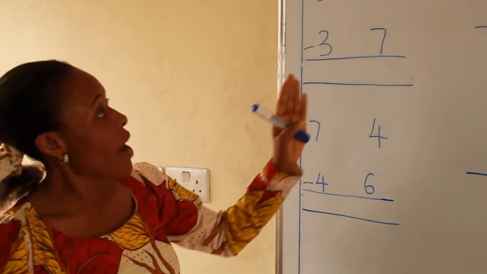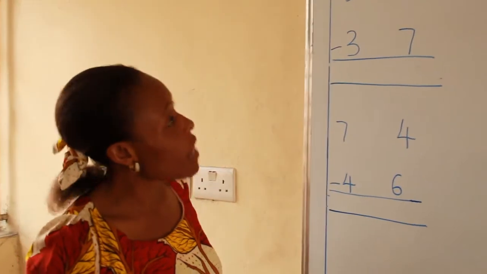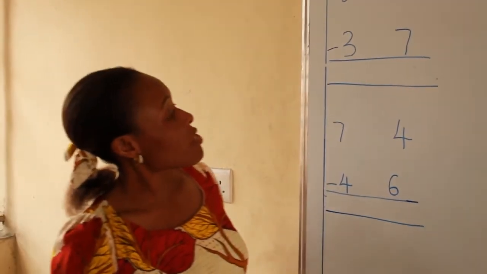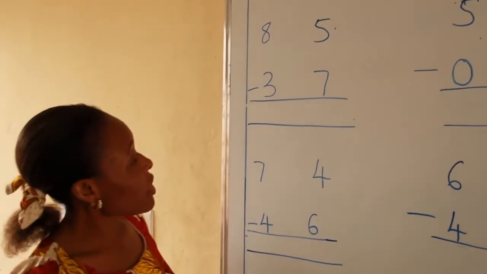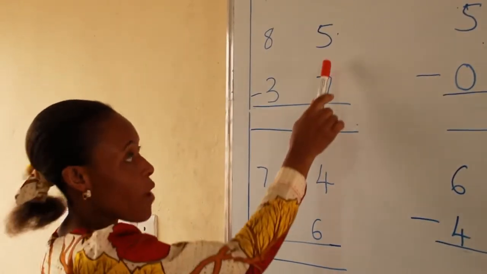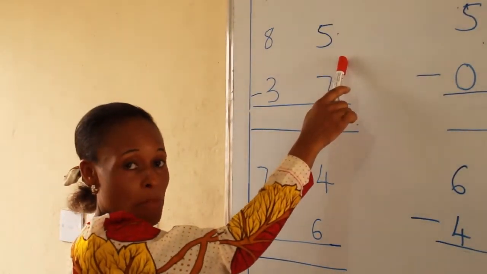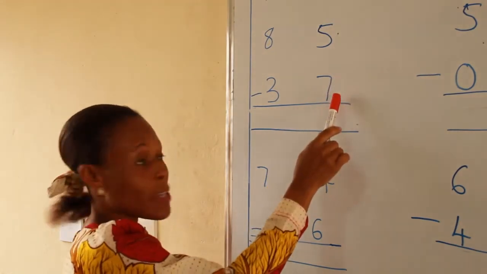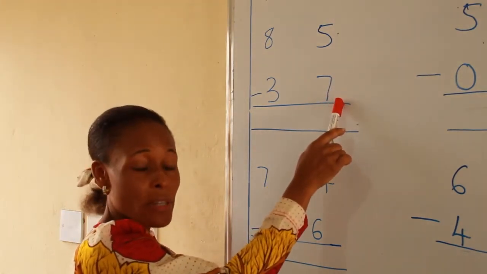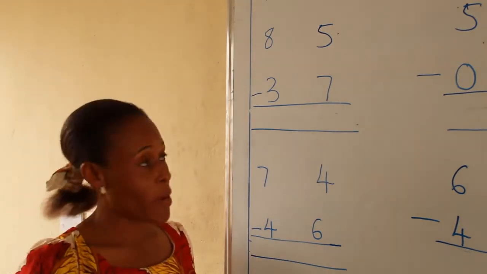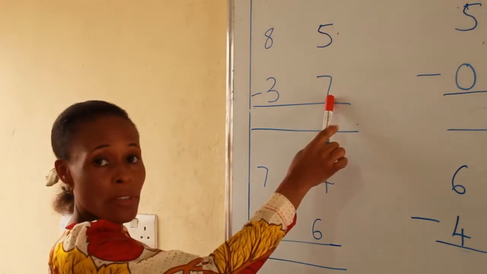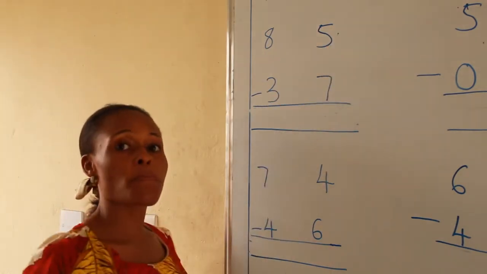Now, we are going to subtract these numbers. Let's look at the very first one we have here. This is 5. And what number is this? Number 7. Now, I want to take away 7 from number 5.